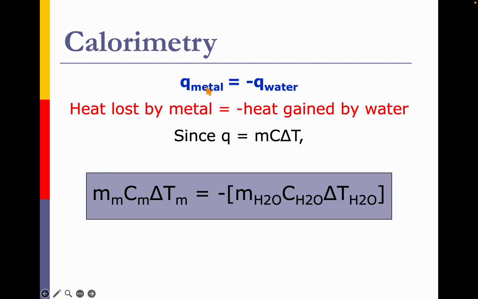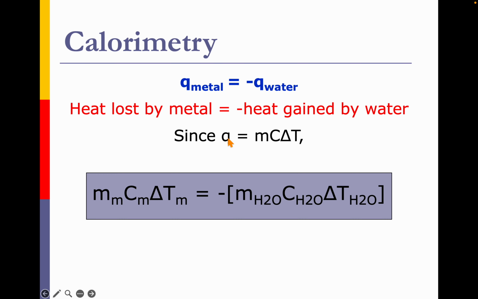So our Q of the metal is going to equal negative Q of the water, so our heat lost by the metal equals the negative heat gained by the water. Since Q equals MC change in T, this is the equation that we used when we were doing our specific heat.